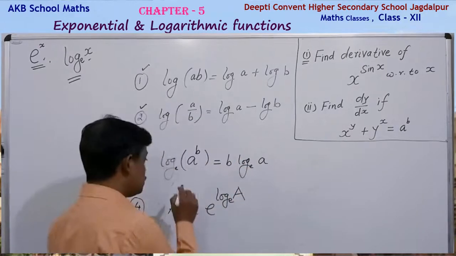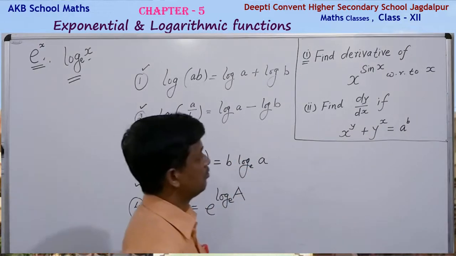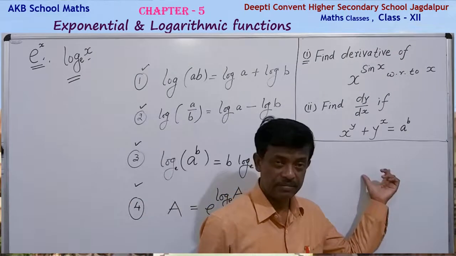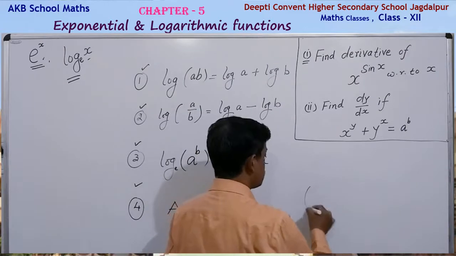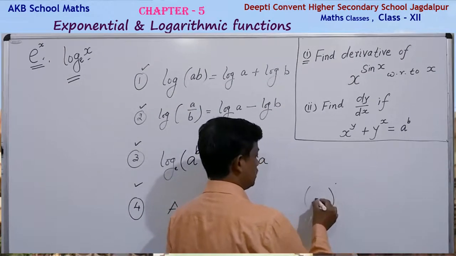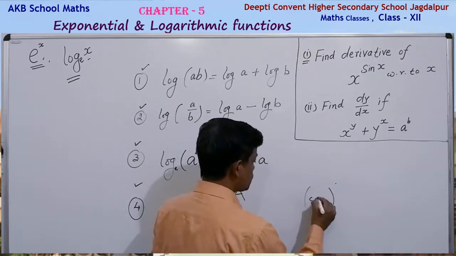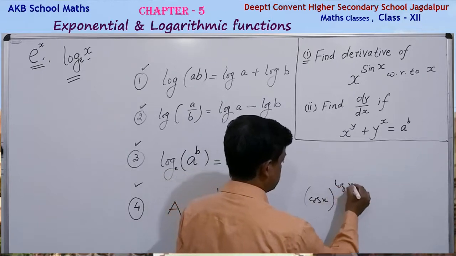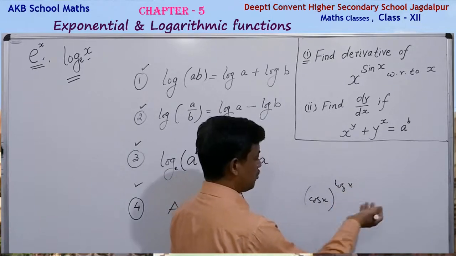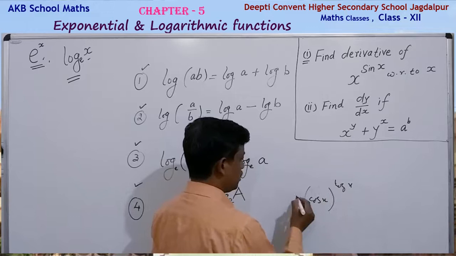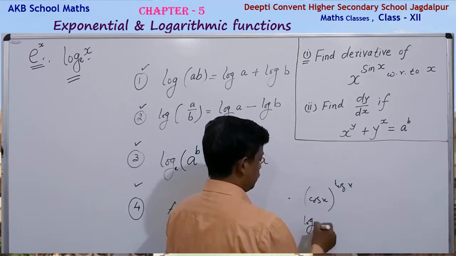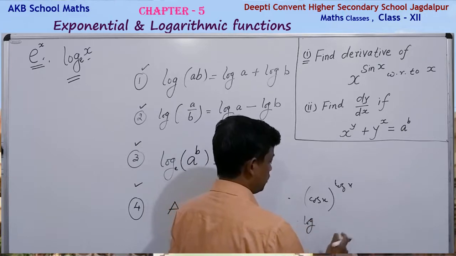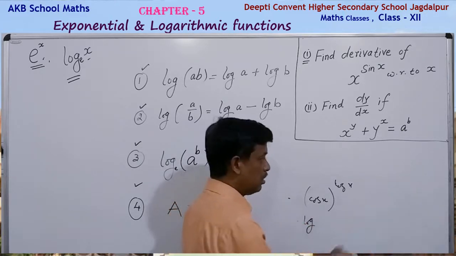Using logarithms, derivatives can be found easily, because whenever a function is given in terms of powers of some function, just like cos x to the power log x, with power, multiplication, and product functions to the power.